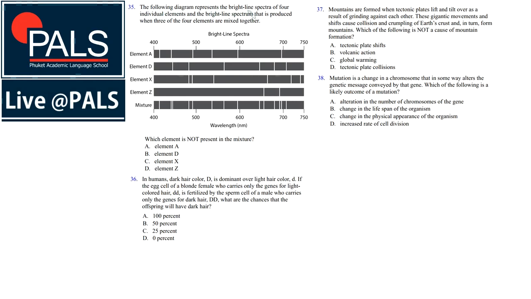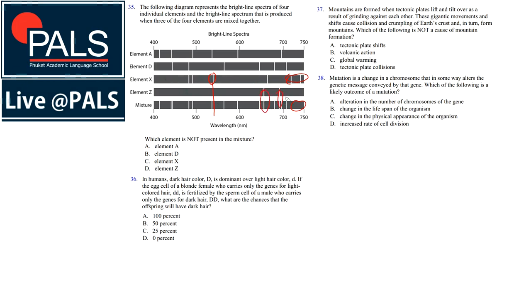The following diagram represents the bright line spectra of 4 individual elements and the bright line spectrum that is produced when 3 of these 4 elements are mixed together. So we have A, D, X, and Z and the mixture. Which element is not present in the mixture? So all that we need to do is look where lines do not overlap. And we can see that these 2 lines are missing here. We can see that this does not exactly overlap, whereas for the other elements, this overlaps.